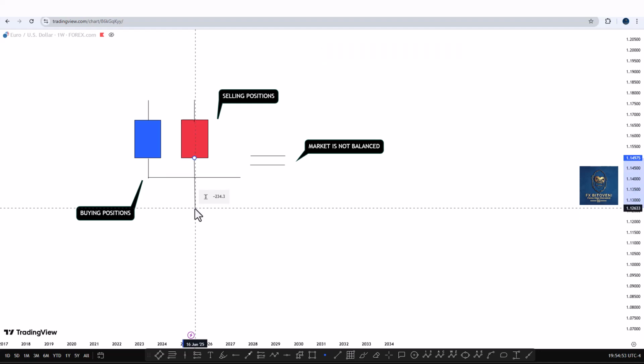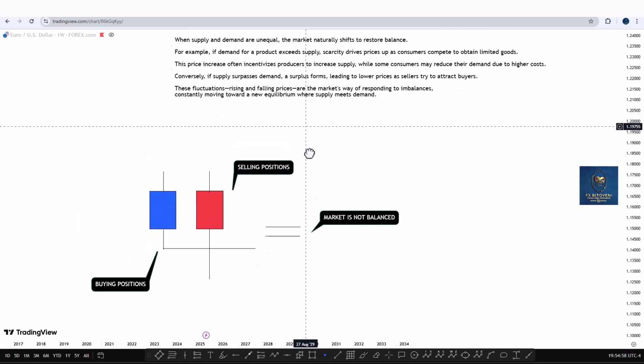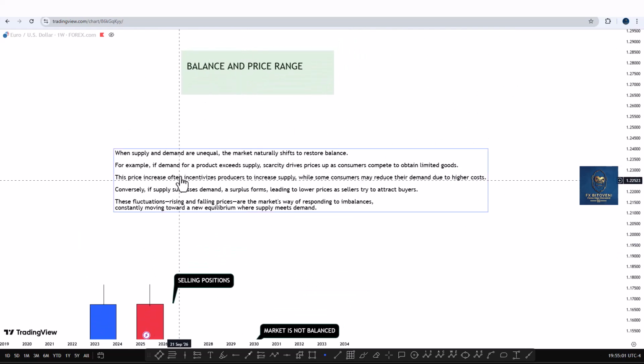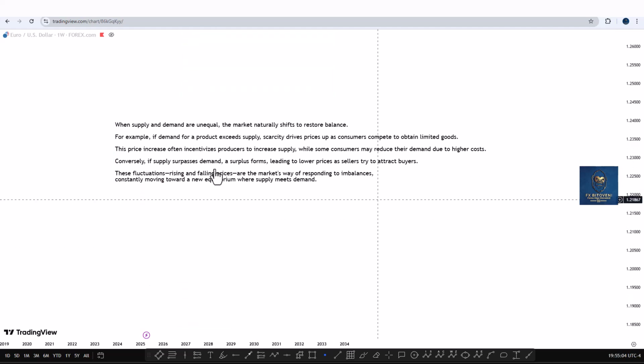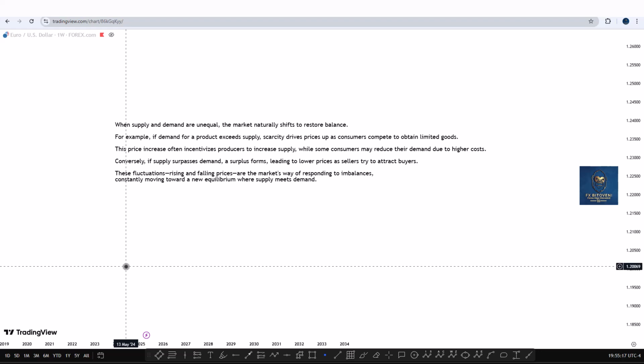Why do we say this? Here they are telling you something. For example, if demand for a product exceeds supply, scarcity drives the price up as consumers compete to obtain limited goods. If the demand for a product is very high and exceeds supply, there are people looking for something which is not there, so the available one must be very expensive.